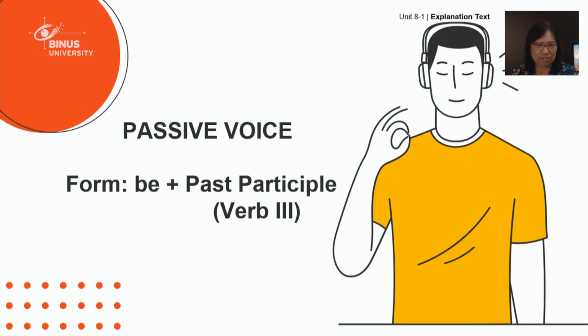If you use passive voice, then you should write the to be, so be in the sentence, and to be depends on the tenses, and the verb will be past participle or the third form of the verb, and you do not have any choice. It should be verb 3. There is no other verb used in passive construction.